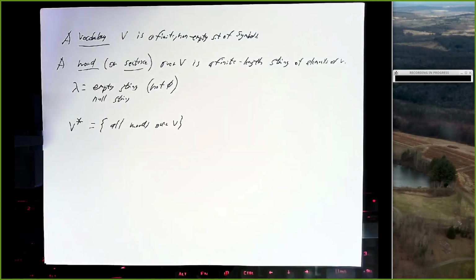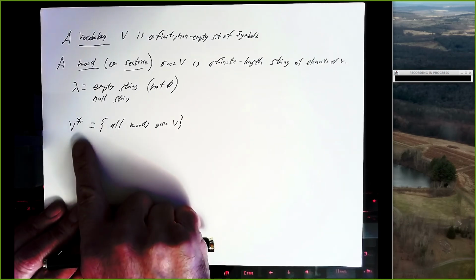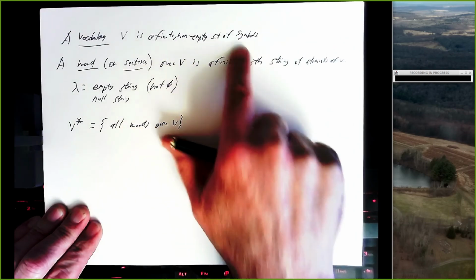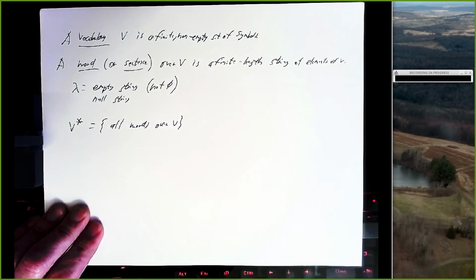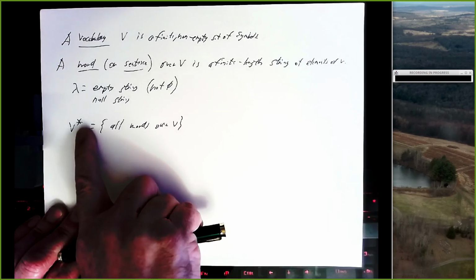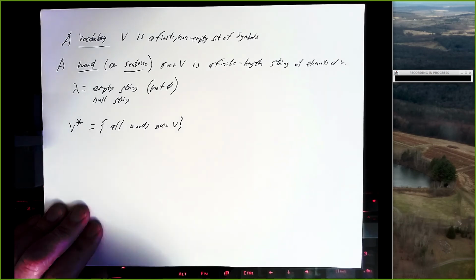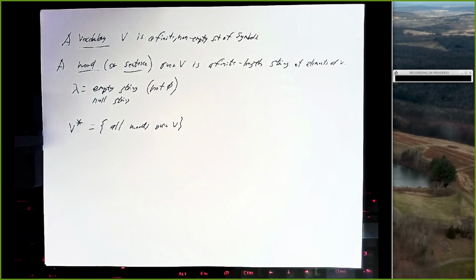It's not an arrangement or a permutation because you could include things more than once. It could be the empty string. It could be a string containing an H followed by an E followed by two L's followed by an O. This star, by the way, is the star that you get in grep in Unix when you do regular expressions and you use a star for 0 or more repetitions of something. That's the same star. That's a side note.